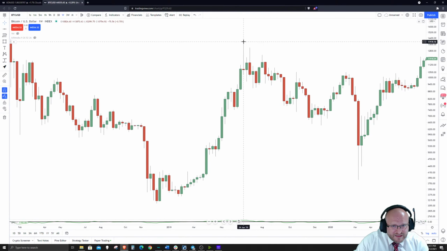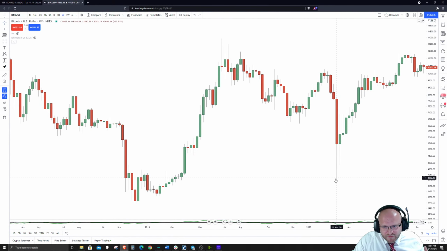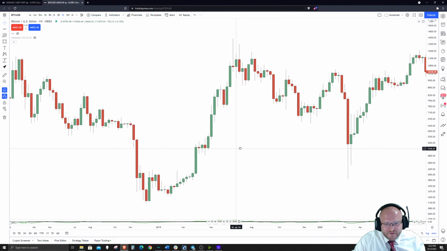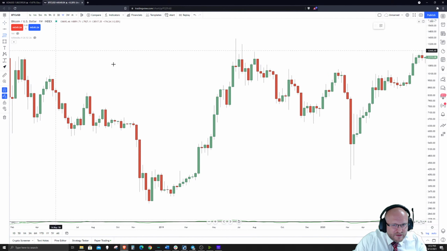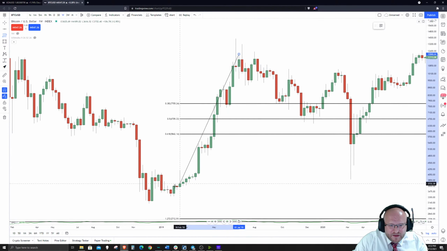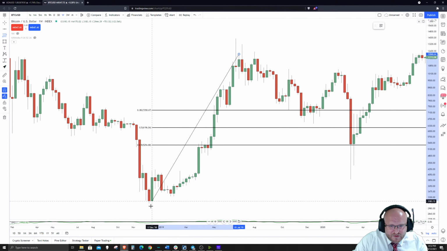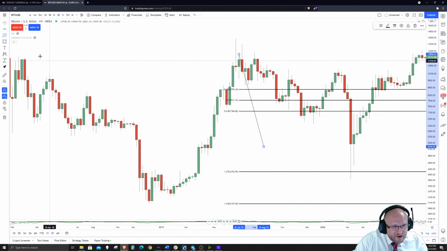So what Connie suggested in her work is that you look at the high of the next bar. For example, in the COVID crash low, we would not draw to or off of this low. We would use the low of this next bar just as a frame of reference. So we wouldn't draw from here. We'd start off with this high, and then go down to not that low, but the strong bar.